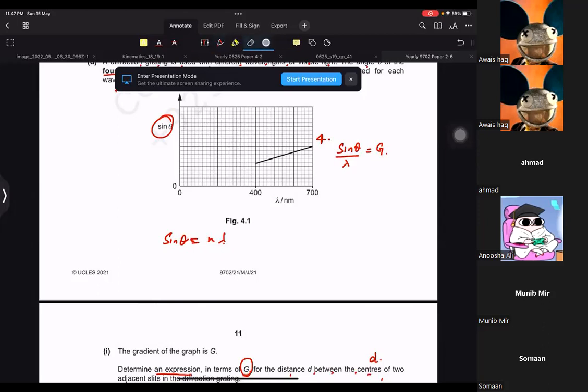As the lambda is increasing, the gradient should be reducing, which means it will be a straight line, but it will have a reduced gradient. It should be less gradient than the before one, like this. Is it clear?